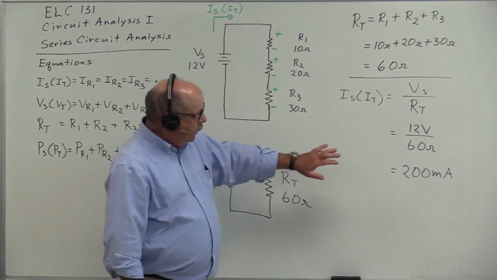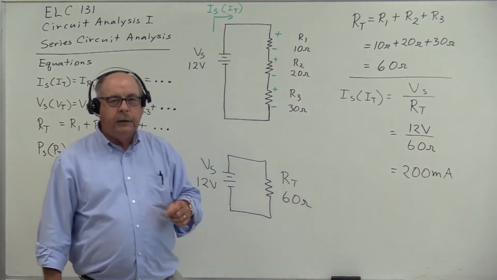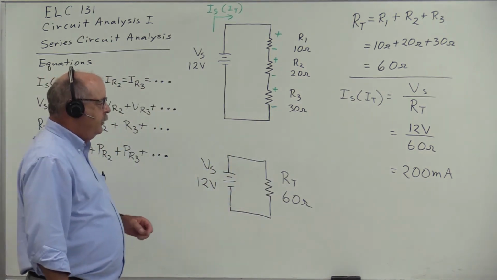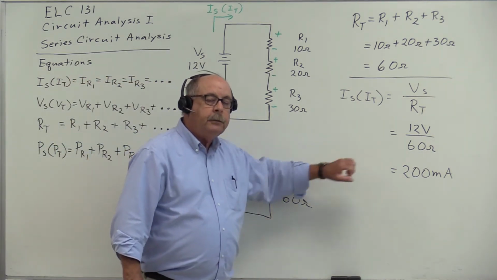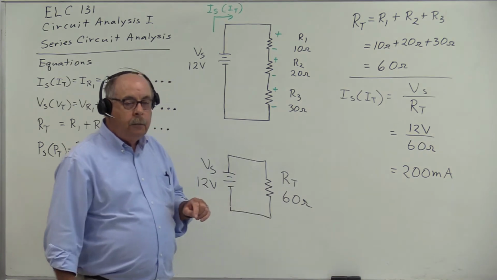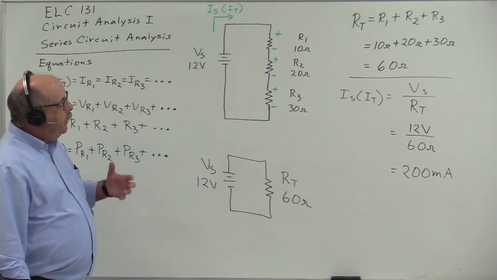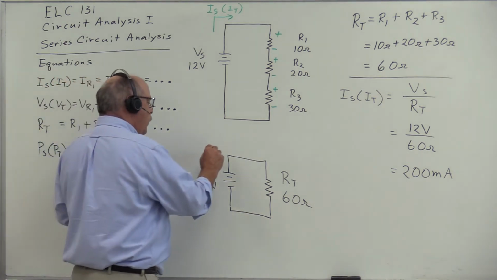Now, we always want to express our quantities using correct engineering notation and preferred SI prefixes. So we express this as 200 milliamps and not 0.2 amps.